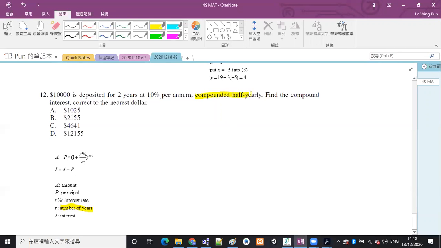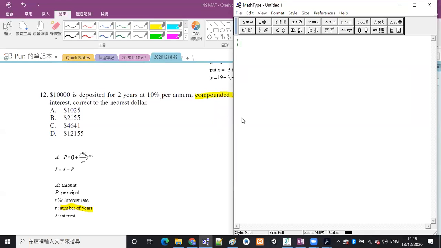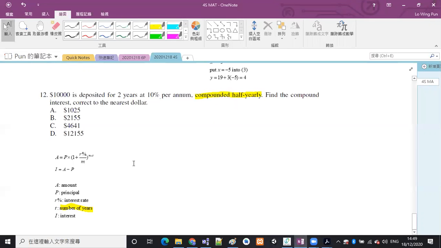Compound that how often. OK, it's compounded regularly. But how regularly it is? It can be different cases. So it will be like this. If it is compounded yearly, then M is equal to 1.